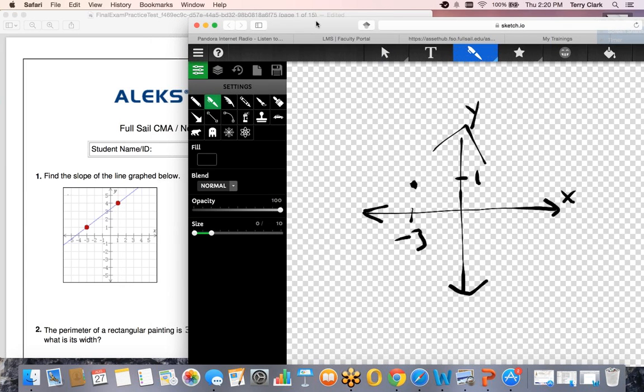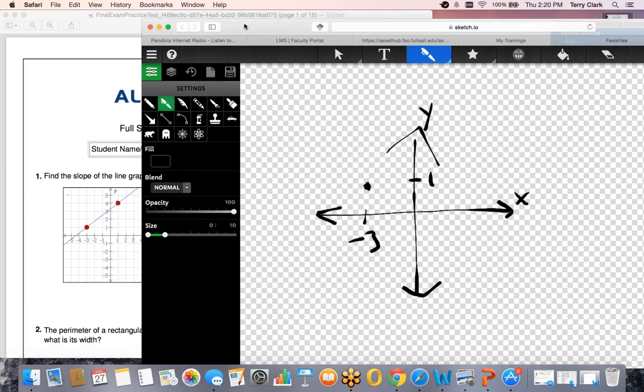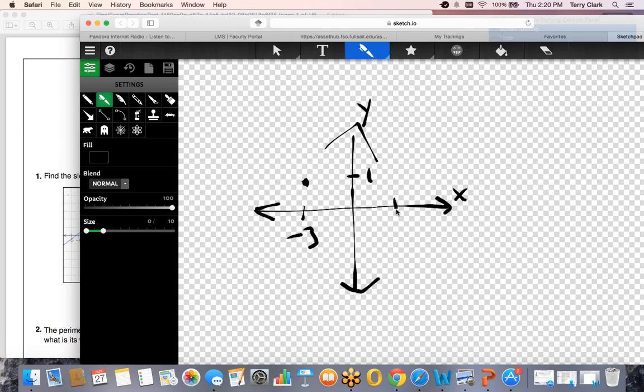And then when we look at our next value, we're going to put a 1 in for x here, and then we're going to put a 4 in for y. And so then that other dot's going to be right here. So this is where we're getting the -3 for x and the 1 for y.